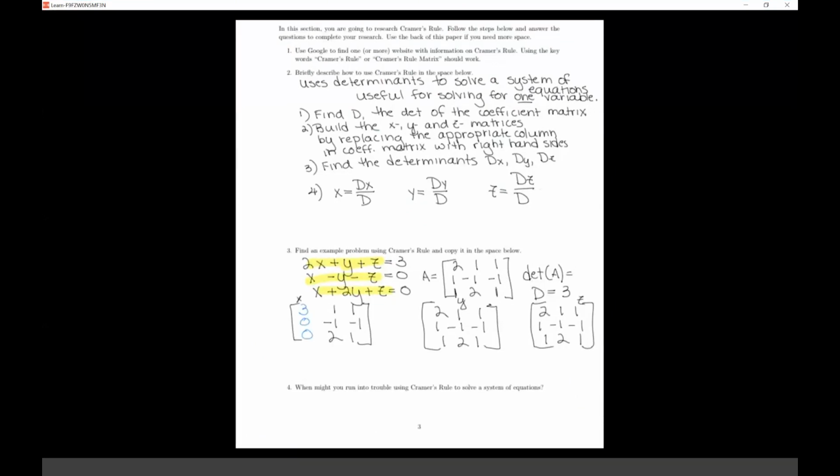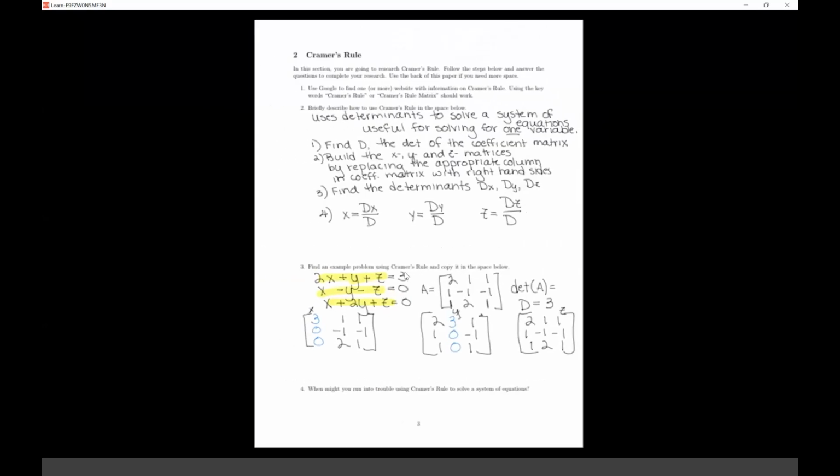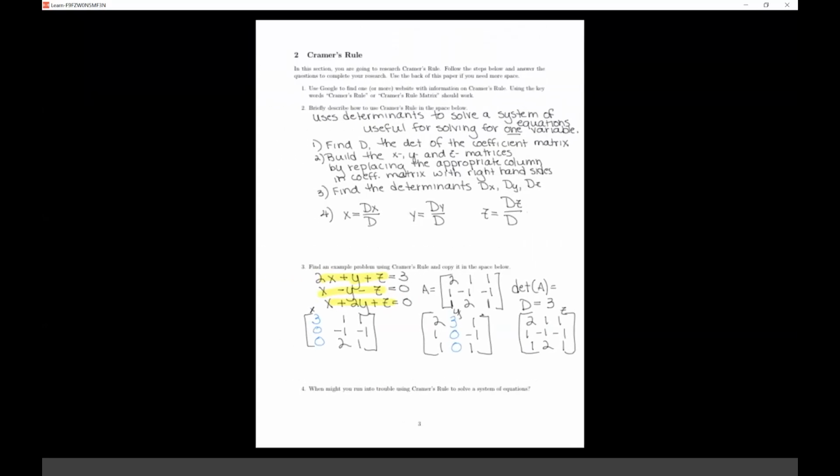For the Y matrix, I'm going to erase the middle column and put in 3, 0, 0. Everybody see where I'm getting the 3, 0, 0 from? And in the Z one, I erase the last column and put in 3, 0, 0.